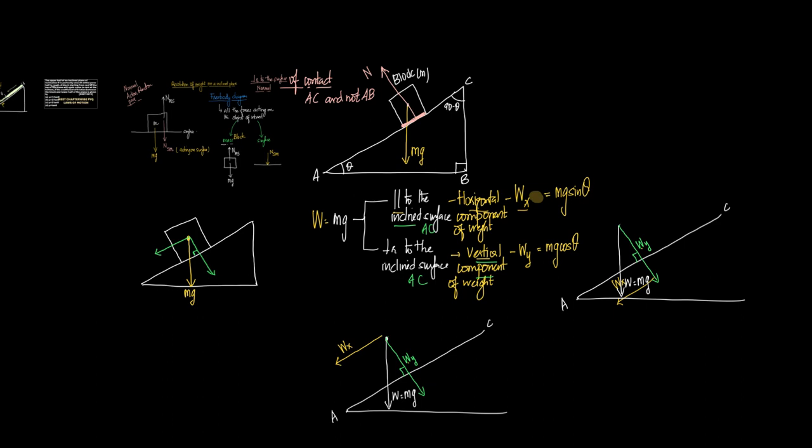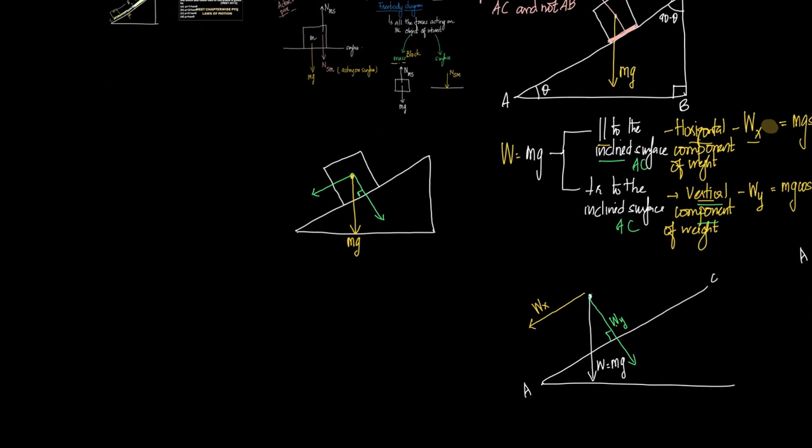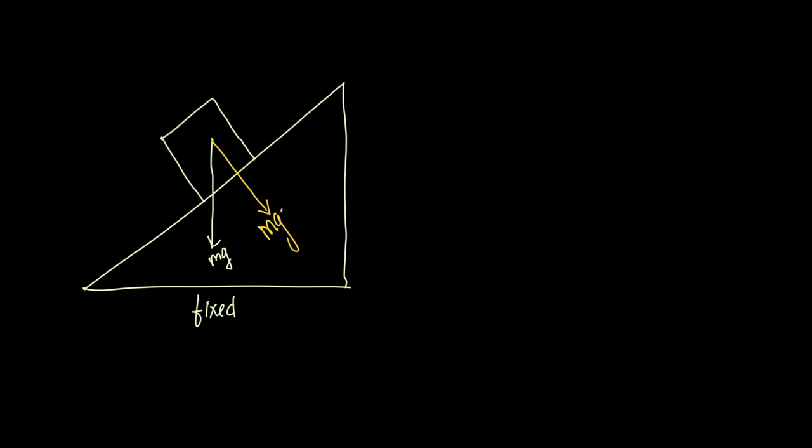So we discussed the resolution of the weight, right? So now let us come back to the figure one more time. If this is the fixed surface, and there is a block placed like this, the weight acts towards the center of the earth, mg. mg cos theta is the perpendicular component, and mg sine theta is the horizontal component, right?